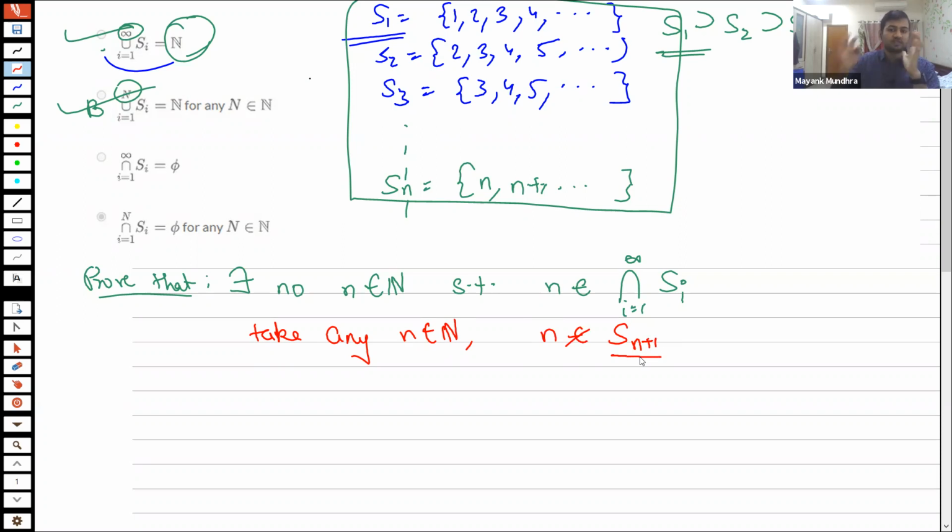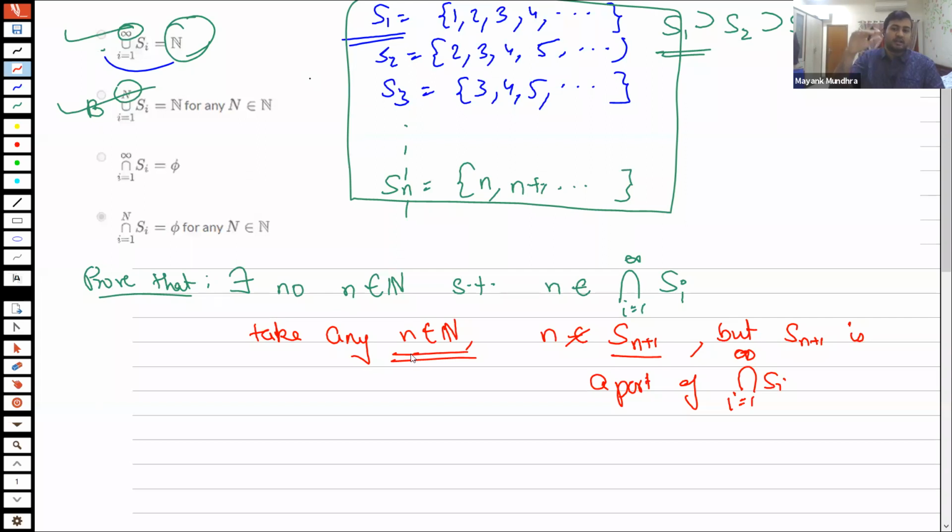So S_{n+1} starts from the number n plus 1. So S_{n+1} will not be containing the number n, but S_{n+1} is a part of the intersection over i equals 1 to infinity. So for any n, you can take n as large as possible. You can think of n as 1 million.